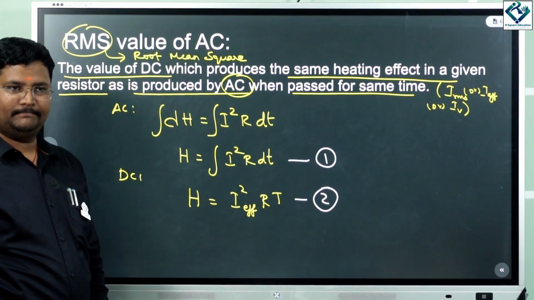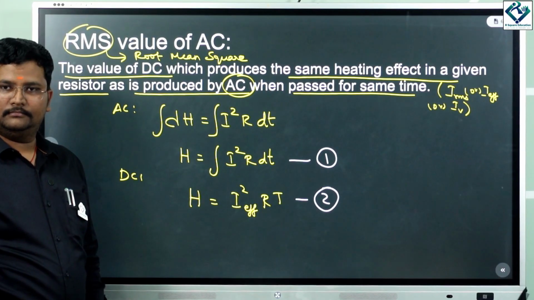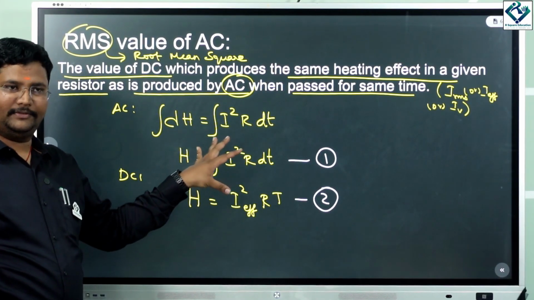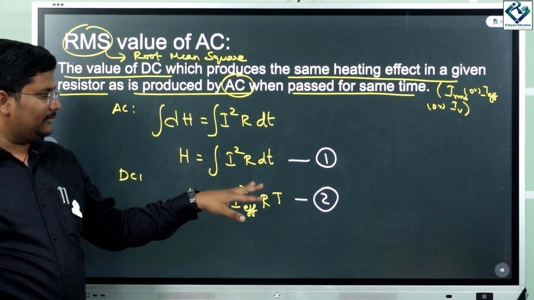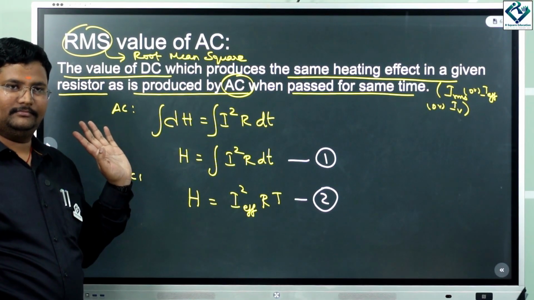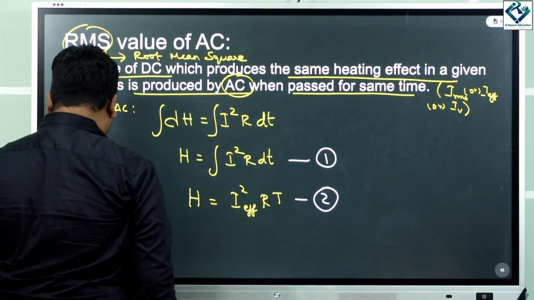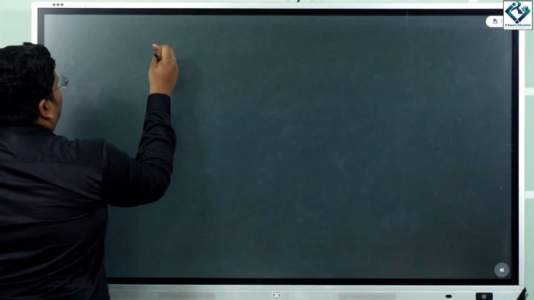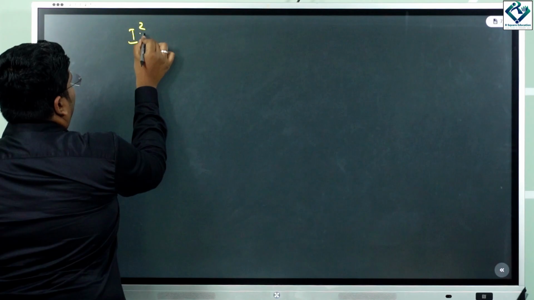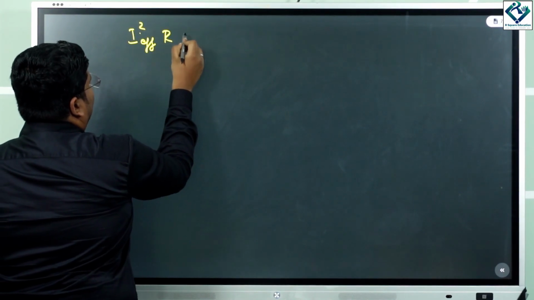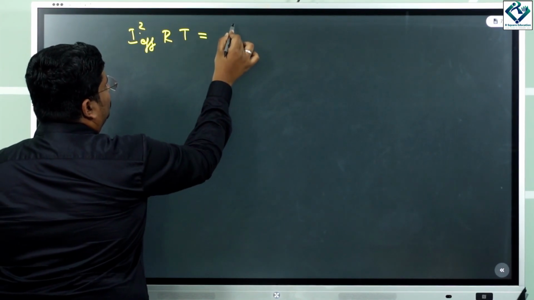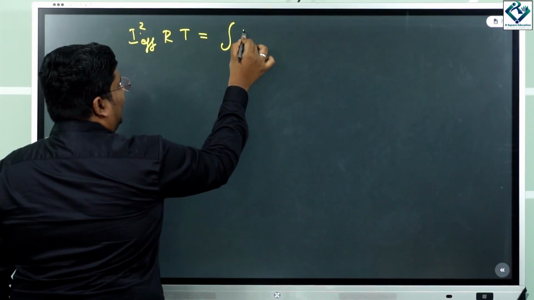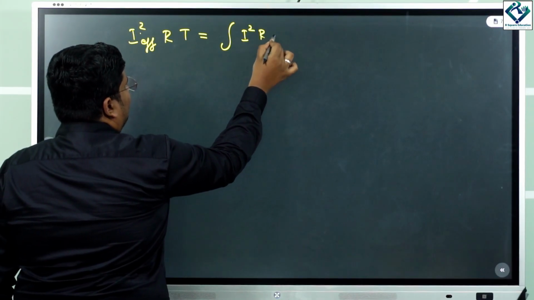You can see both equations have the same left-hand side, so I can equate the right side, because both produce the same amount of heat. I am going to find I effective. So I square effective R into T is equal to integral I square R into dt.